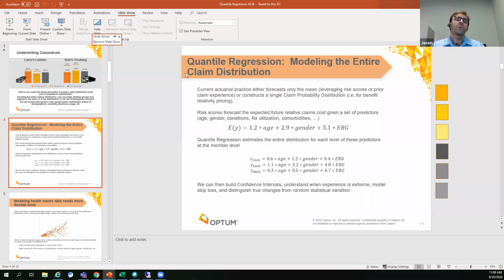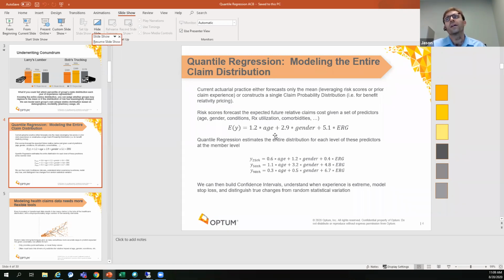So with quantile regression, it's like modeling the entire claims distribution instead of just the expected value, as risk scores would do today, or looking at actual claims experience. So instead of just looking at the mean or some blend of the mean, some expected mean, or some manual rate, we're constructing this claims probability distribution in a similar way to how group risk scores are built today.